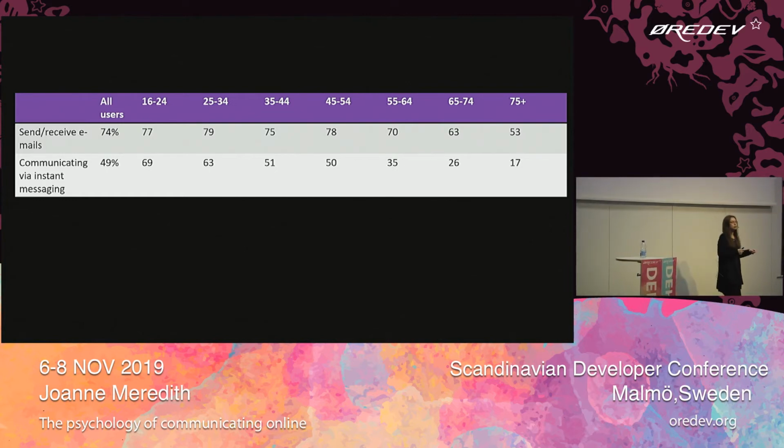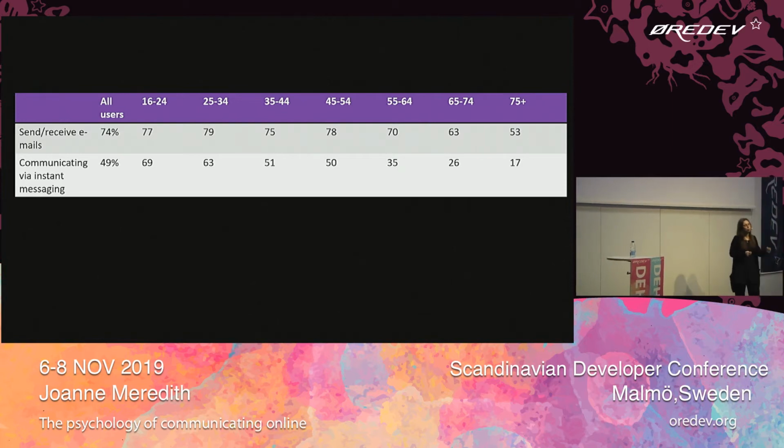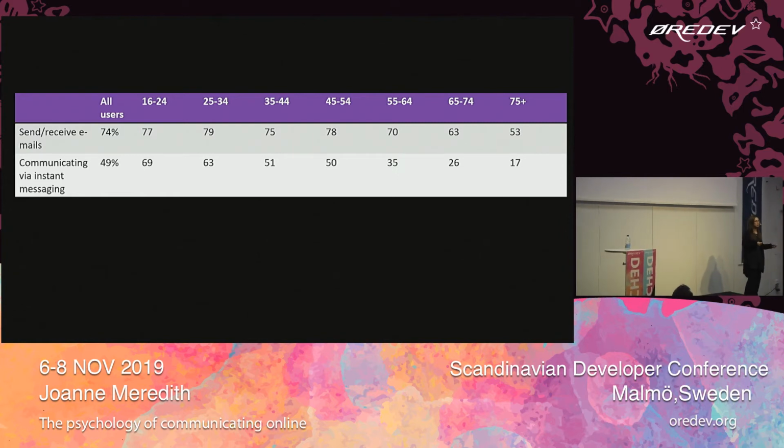And this is kind of interesting, because what it suggests is that people who have grown up with the internet, what we call digital natives, although that is quite a contested term, are using the internet more and more for their communication. And for us as psychologists, one of the things that's particularly interesting is what impact is that going to have on us as a society as more and more people communicate predominantly through instant messaging?